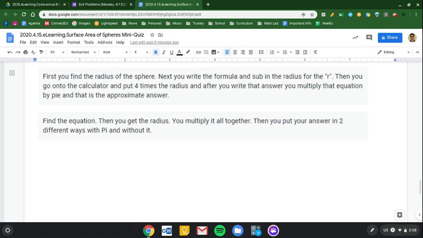For instance, you could write 100 times pi as an exact answer, or you could write 314.16, but that would stop, so that's going to be an approximate decimal. About the same amount, just 2 different ways of writing it.